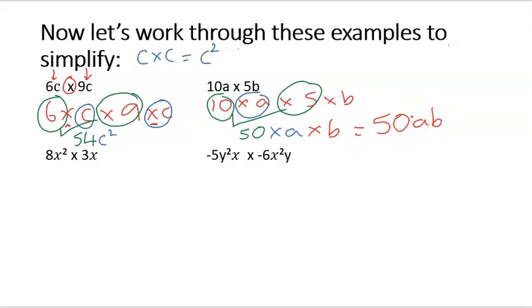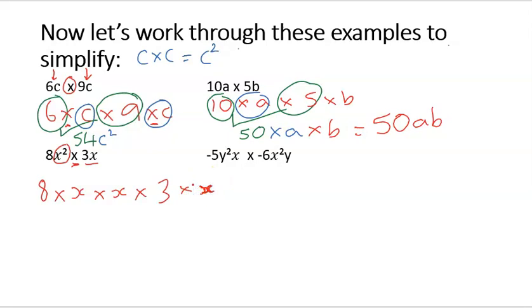In the next example, we've got 8x squared multiplied by 3x. We're going to expand it again, so it's 8 multiplied by x squared. So x squared is x multiplied by x. Then this multiplication sign, and then 3 multiplied by x.